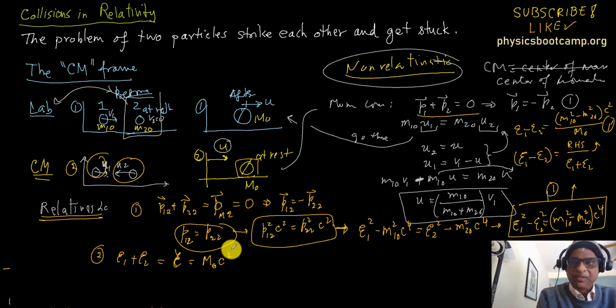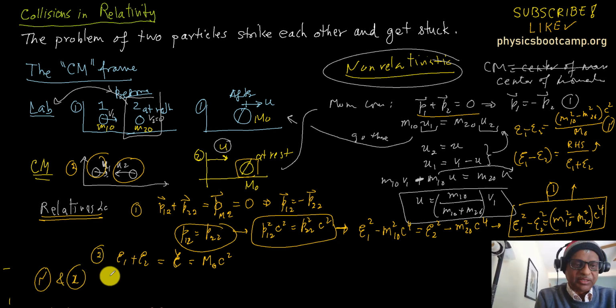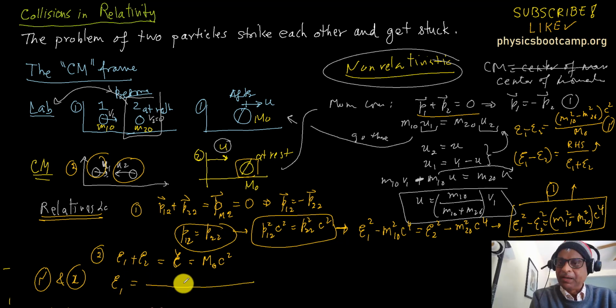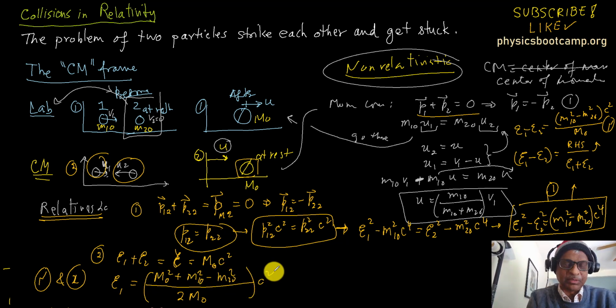Using 1 prime and 1, and this 2, you add, you can get E1, and you subtract, you're going to get E2. So E1 is just going to be 2 times M0 squared plus M1,0 squared minus M2,0 squared, the whole thing times C squared.